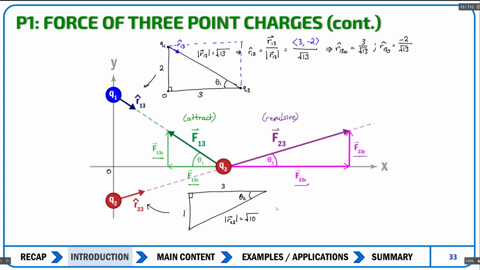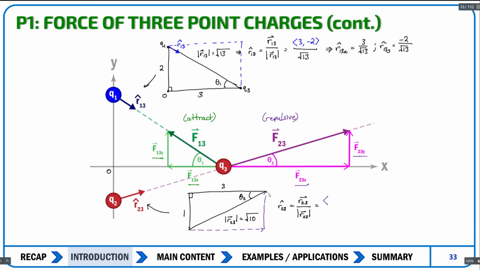So if I'm trying to figure out what r23 is as a unit vector and figuring out the x and y components, I have r23 divided by the magnitude of r23, which is equal to, let's keep this in mind, we want to create the vector for r23, and r23 is you go towards the right by 3 and you go up 1.